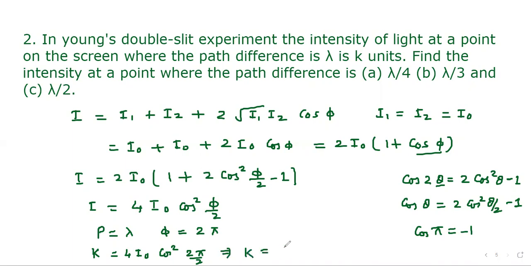So k equal to 4 I0 times 1, from where we get I0 equal to k by 4.